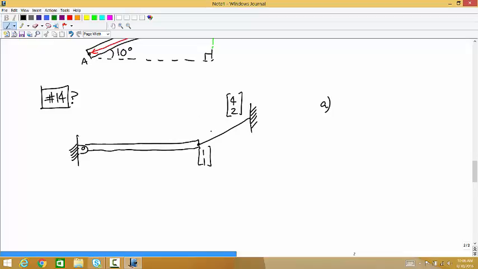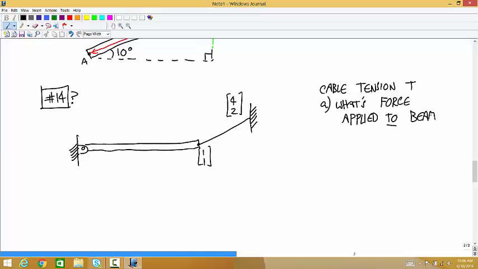And it gives a cable tension, or it calls it T, so we have a cable tension T. So what's the force applied to the beam by the cable? And part B, what's the force applied to the wall by the cable? Is that right? Something like that.